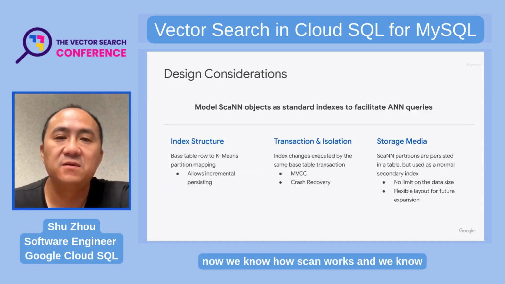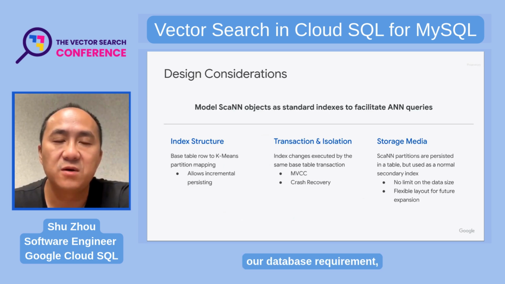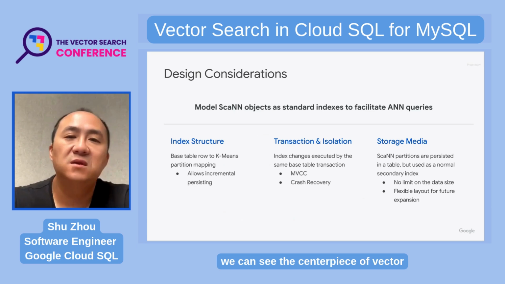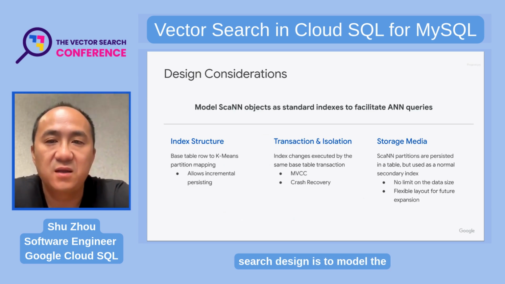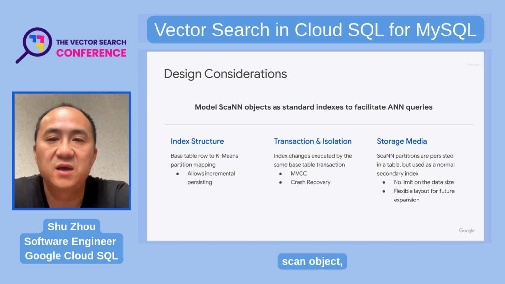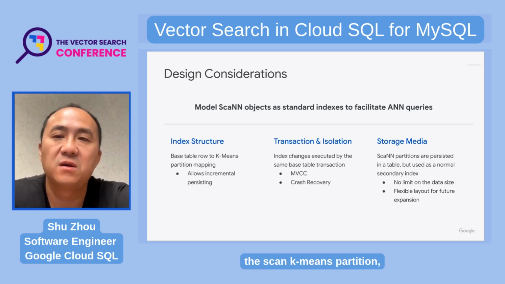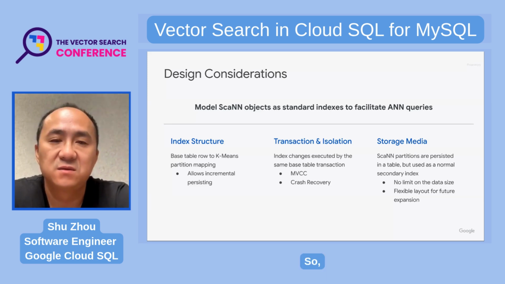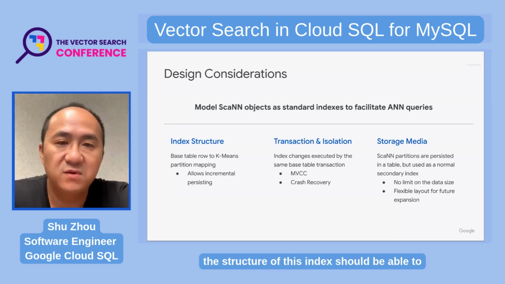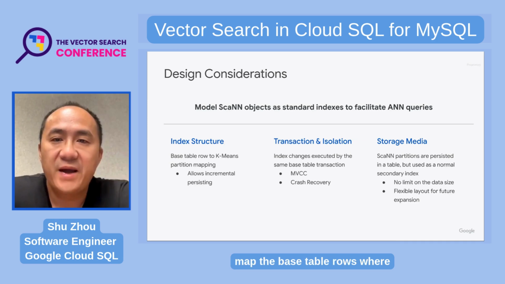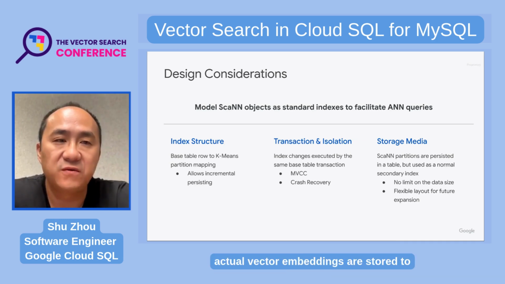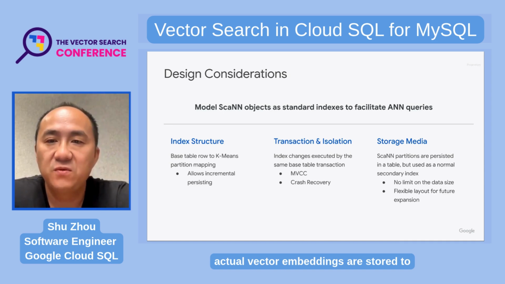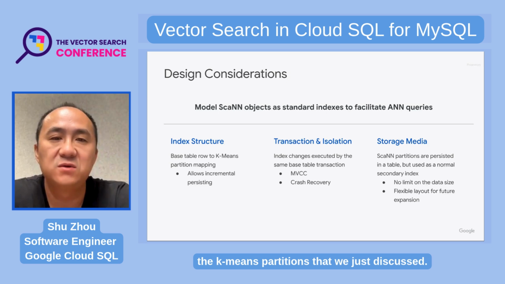All right. So now we know how Scan works and we know our database requirement. We can see the centerpiece of vector search design is to model the Scan object, the Scan k-means partition, as a standard database index. So the structure of this index should be able to map the base table rows where the actual vector embeddings are stored to the k-means partitions that we just discussed.